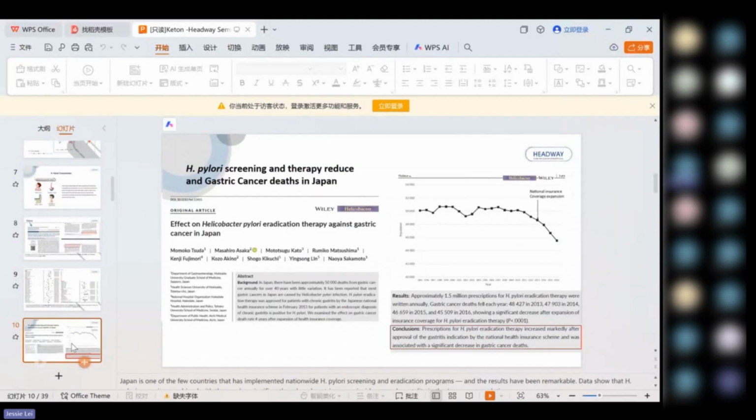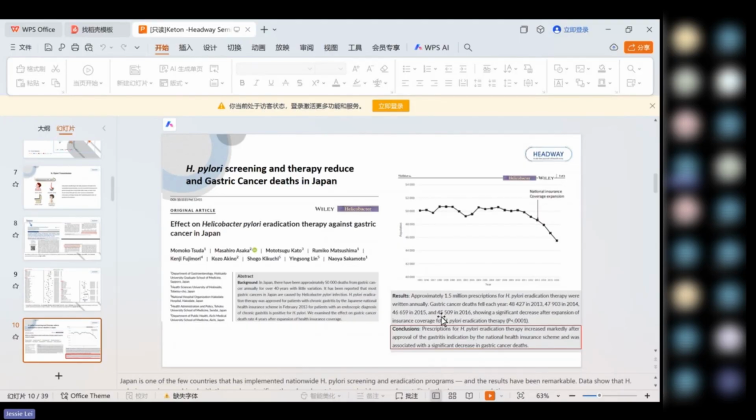So Japan is one of the few countries that has implemented nationwide H. pylori screening and eradication programs. The result has been remarkable. Data shows that H. pylori screening combined with therapy has significantly reduced gastric cancer incidence and mortality in the Japanese population.